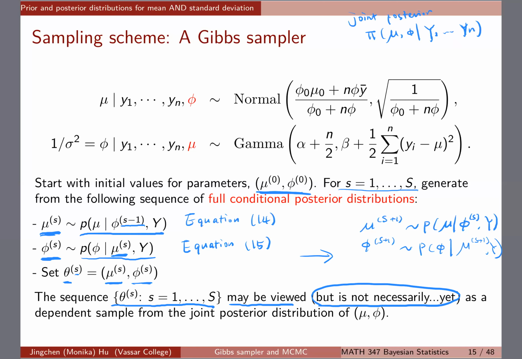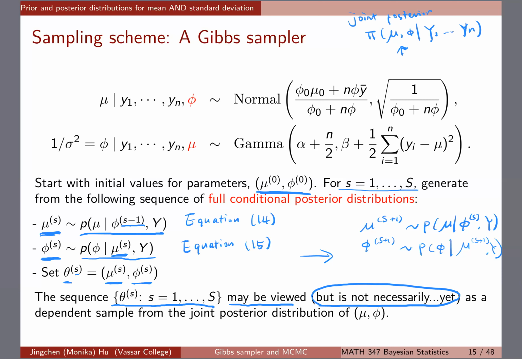We can derive it, but we don't know how to sample it because it's a whole thing together: a likelihood times the prior for mu, times the prior for phi. So we use a technique called the Gibbs sampler, which is a method to approximate this joint distribution.